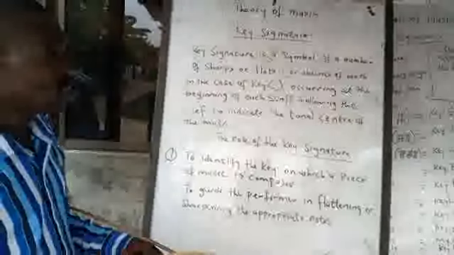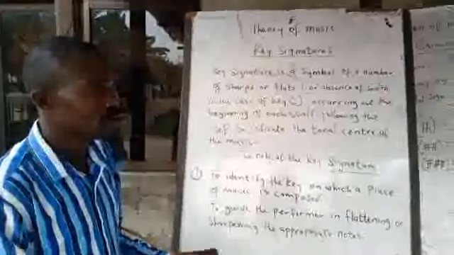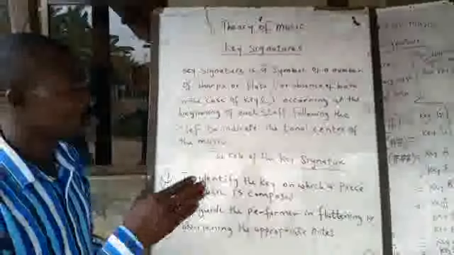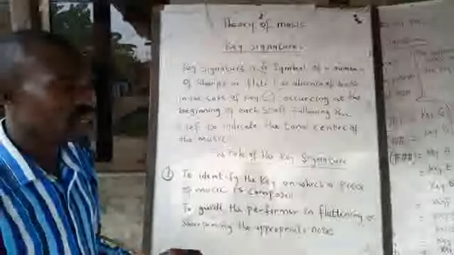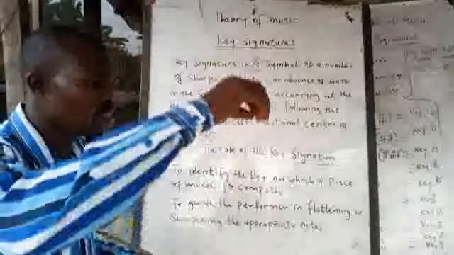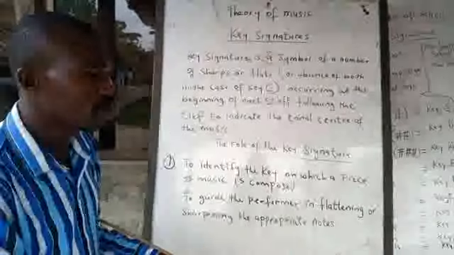If you are given a piece of music to transcribe, the first thing you should look at is the key signature, that is, the key on which the particular song is composed. As if somebody composed a song, locked it up with a particular key.